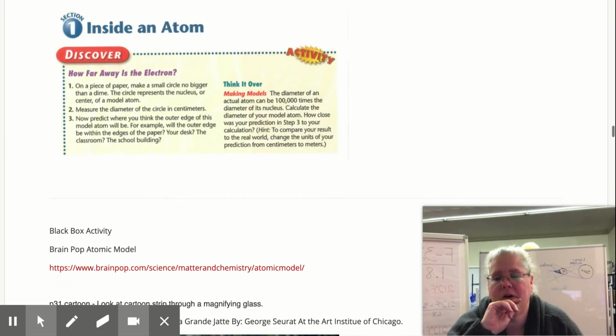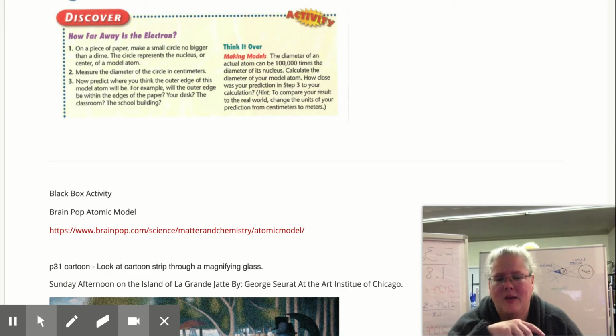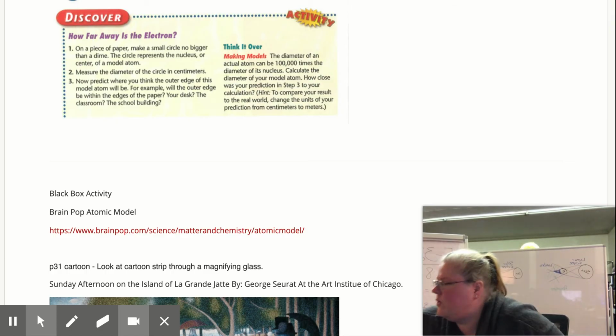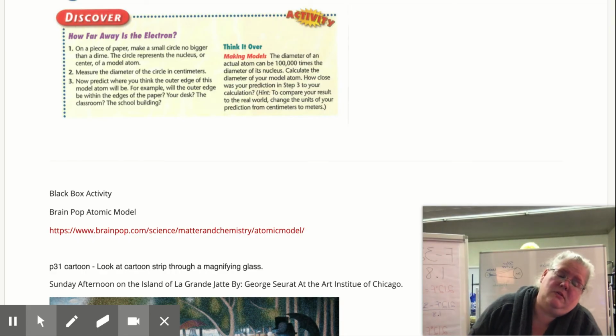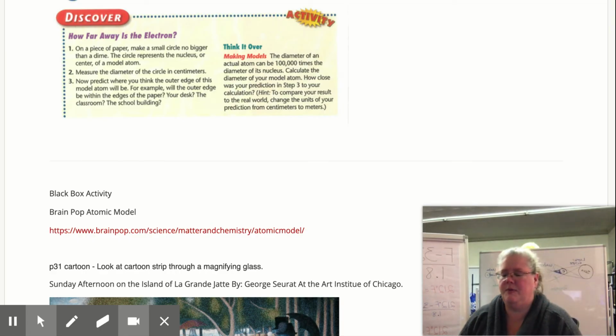So a long time ago, we had all these different ways of coming up with what we thought an atom was, and Democritus said that it's atomos, Greek for unbreakable or uncuttable. It can't be made any smaller. And all those years, people tried to kind of poke around at the atoms.